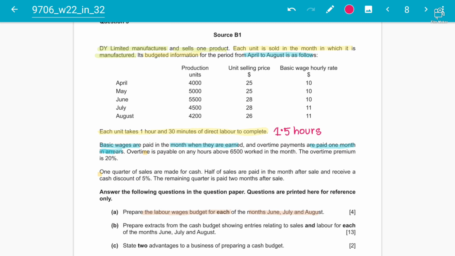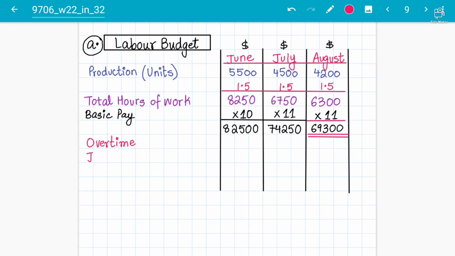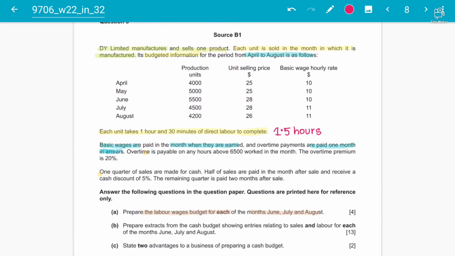For June it will be 10 into 20%, that is $2. So the overtime paid is $2. And 11 into 20% will be $2.2. These are the overtime payments.